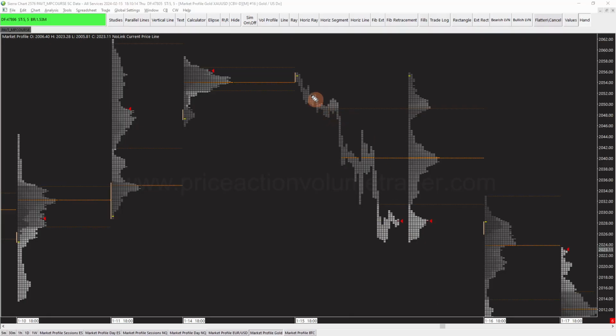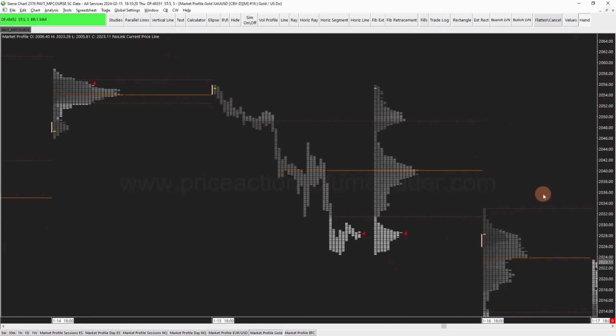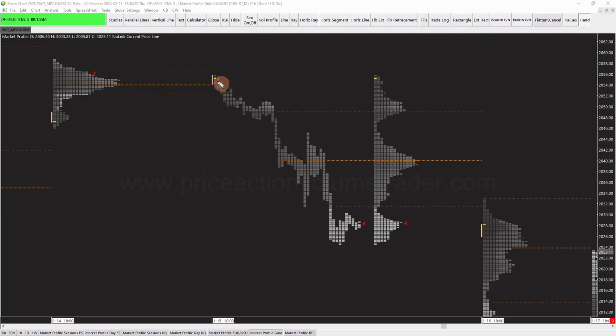Also, this could be considered a strong trend day as well, because you can see how we opened right here at the top and ended up closing right at the bottom. So these are days where it is very important, once you identify the strong trend, not to try to be fading this.